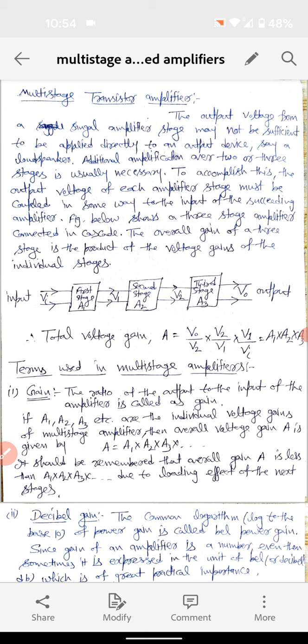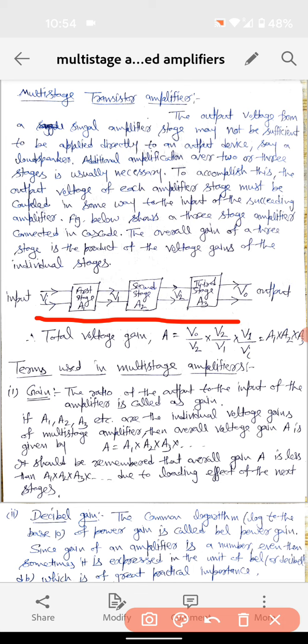So this cascading of amplifiers, as you see in this figure: we put the output of the first stage of the amplifier into the second stage amplifier.